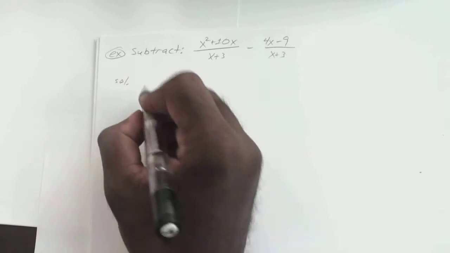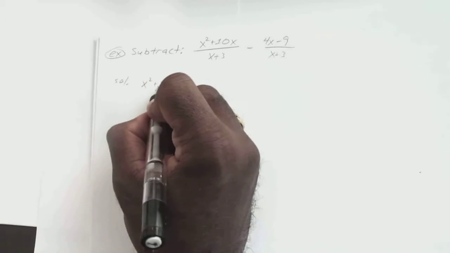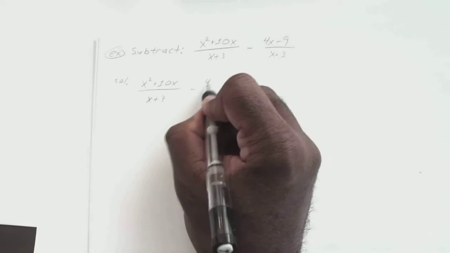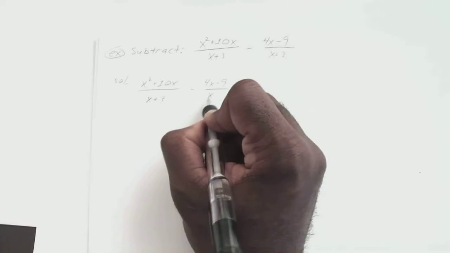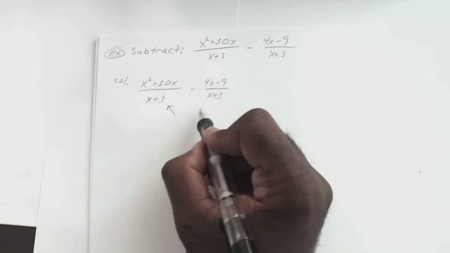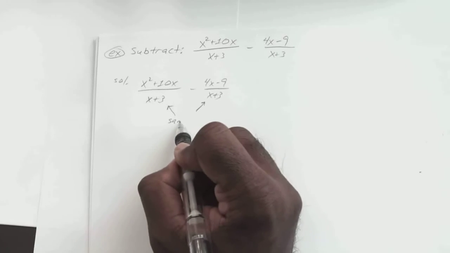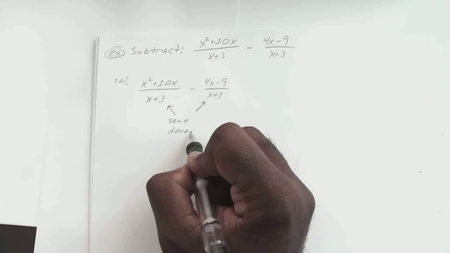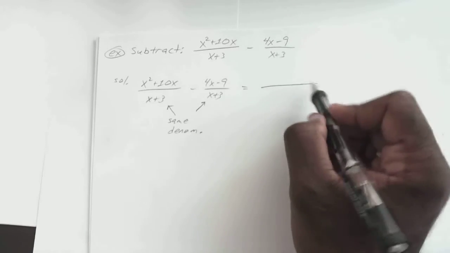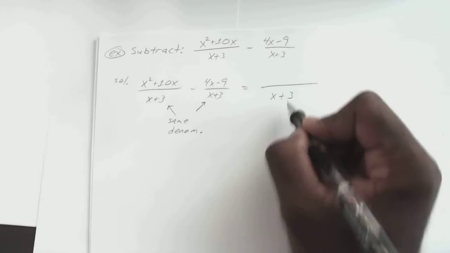Just like before, we see we have the same denominator, which means your answer is going to be something over x plus 3.